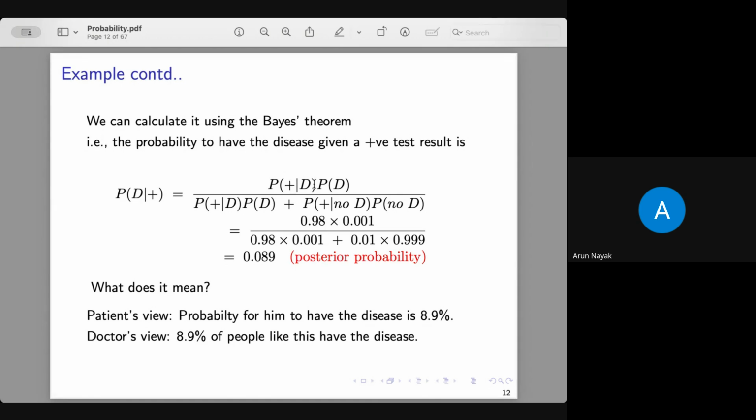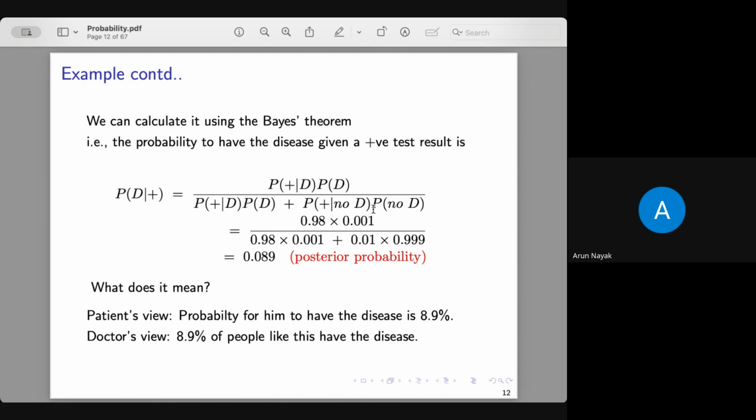So we can write the probability of having the disease given the positive result as the probability of getting a positive result having the disease times the probability of disease, over the sum of both cases, that is getting the positive result when you have the disease plus getting the positive result when you do not have the disease.